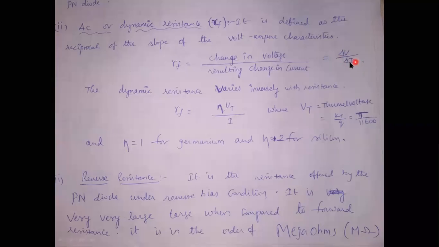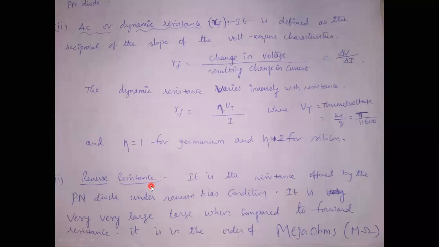Just now I have told you that if I go to the top of the graph and take a point where the current is maximum, then the resistance will be very less. Now reverse resistance is the resistance offered by the diode in reverse bias condition.